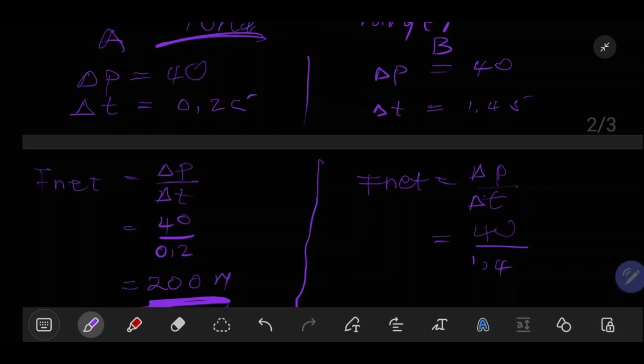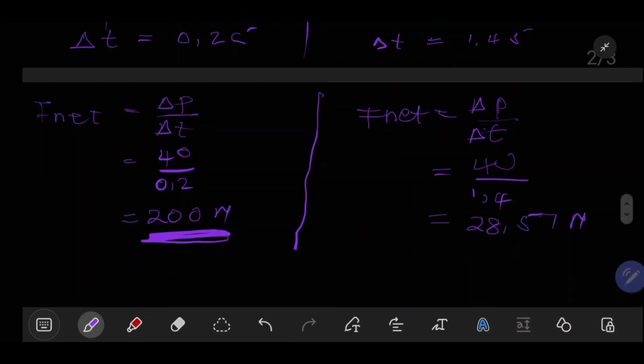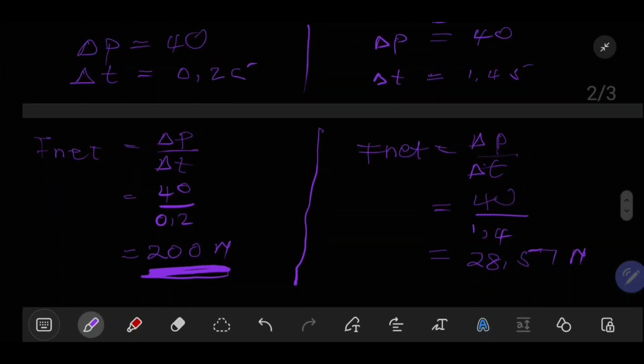So we take our calculator and we take 40, divide it by 1.4 seconds, and then we get 28.57 newtons. So you can see that when we have a greater time, this lowers the force of impact.